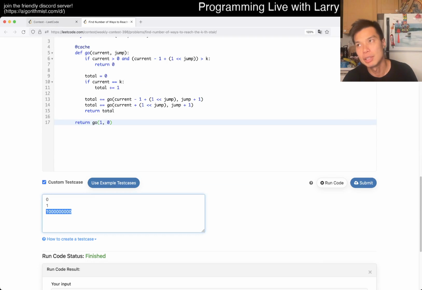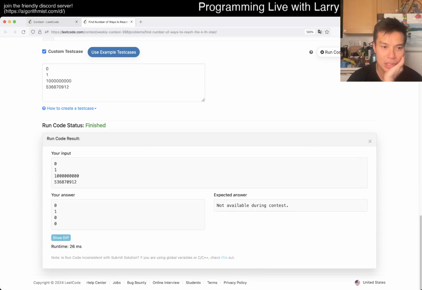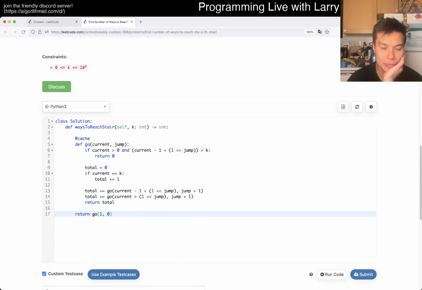What is a number that we can reach? 2 to the whatever, 2 to the 29. Well, that's not good. Oh, no, because it's 1. No, but you could remove it.